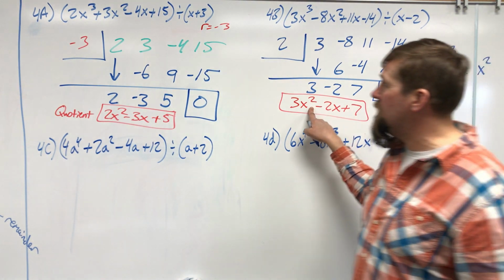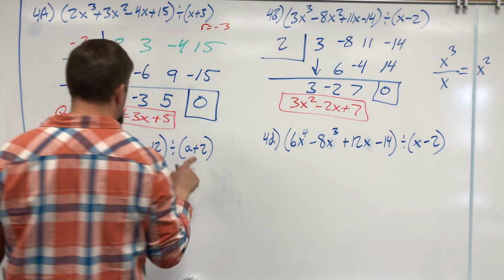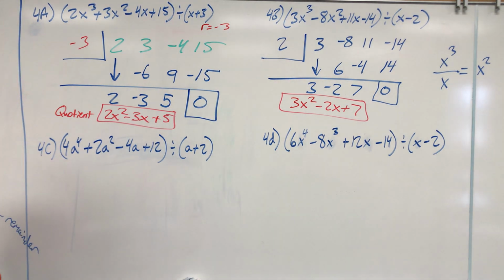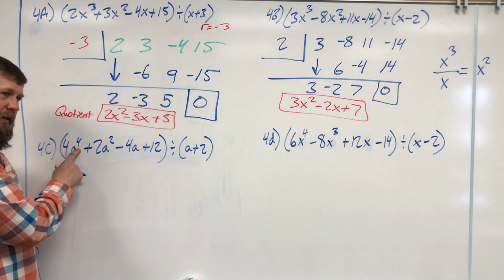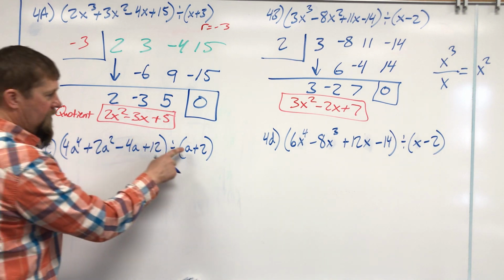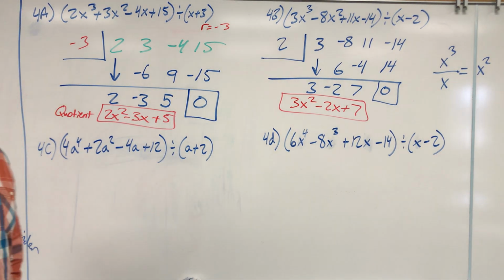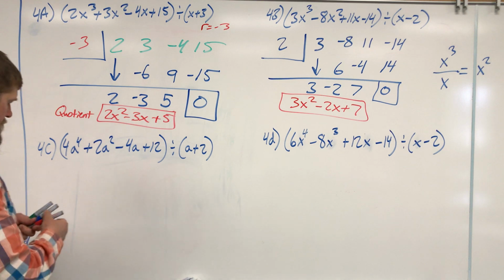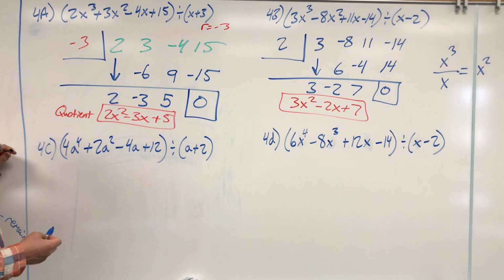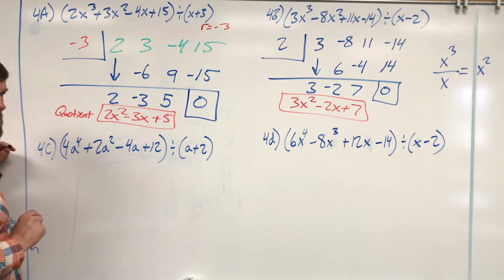So that's something you can use to help you identify. So for example, in 4C, I have a 4th degree divided by a 1st degree. My answer should be a cubic or a 3rd degree when I'm done. So you've got to use that as kind of helpful when you're trying to make sure you understand what your answer is going to be.